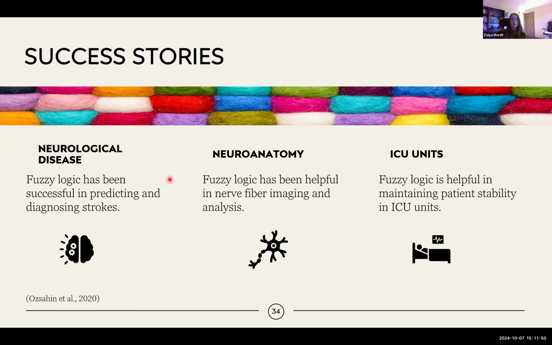It's also been useful in neuroanatomy because nerve fiber imaging and analysis tends to be different per person. Everyone's brain has the same basic structure, but they're wired differently. And it's been good in ICU units because it helps maintain patient stability based on what that individual patient needs.